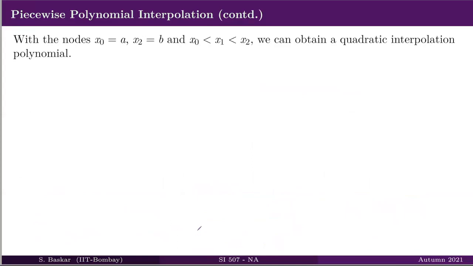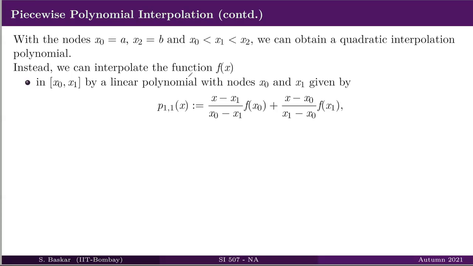Let us construct a piecewise linear polynomial explicitly and see how it comes out. For that, let us consider the nodes x0, which we will take as A, and some point x1, which is between the points A and B, and x2 is taken to be B. Of course, with these node points, we can obtain a quadratic interpolation, but instead we will go for a piecewise linear polynomial interpolation.